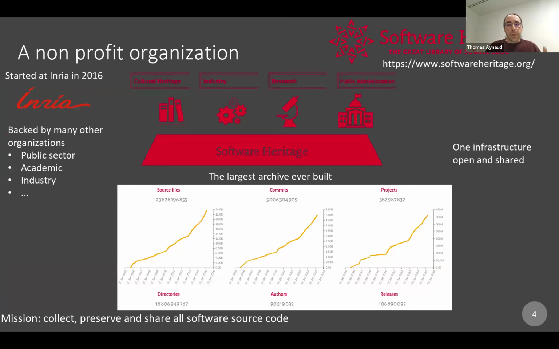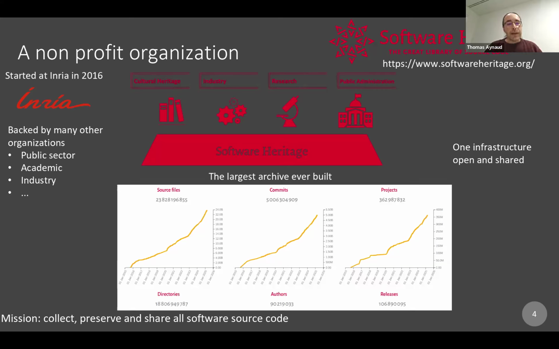Software Heritage by itself is a non-profit organization. It was started at INRIA 10 years ago. INRIA is a French governmental organization doing research about computer science, but it's backed also by many other organizations. You have organizations from the public sector, mostly in Europe or in France.